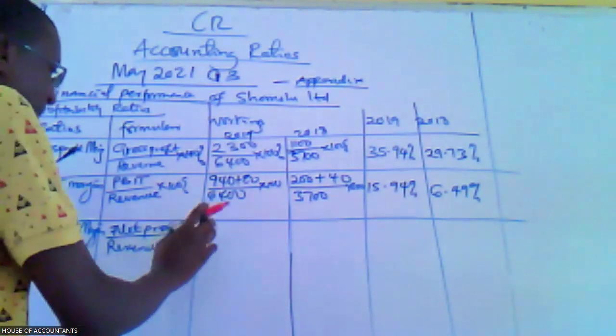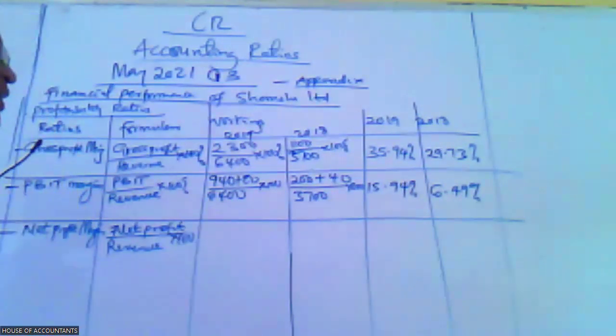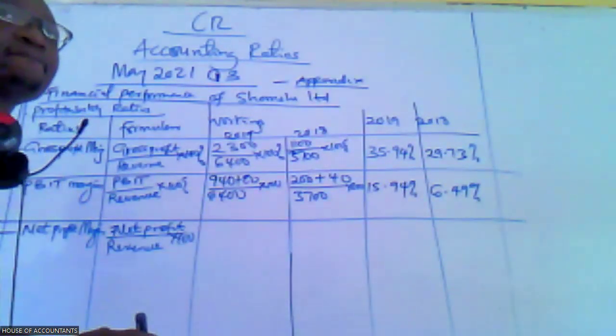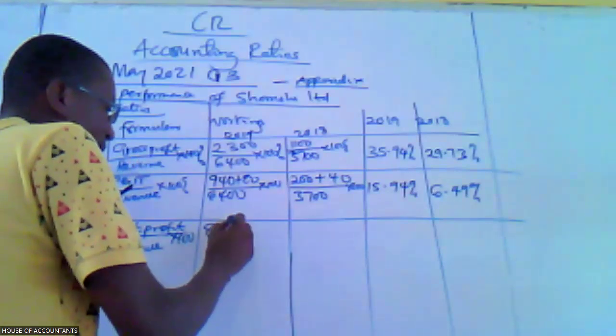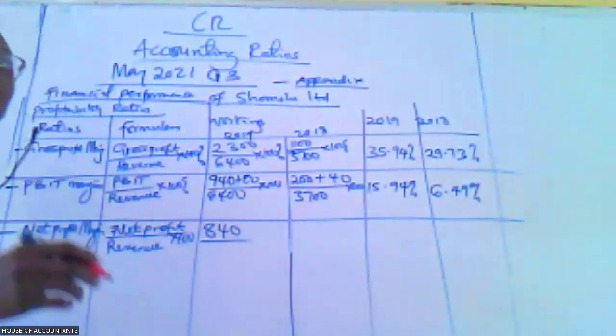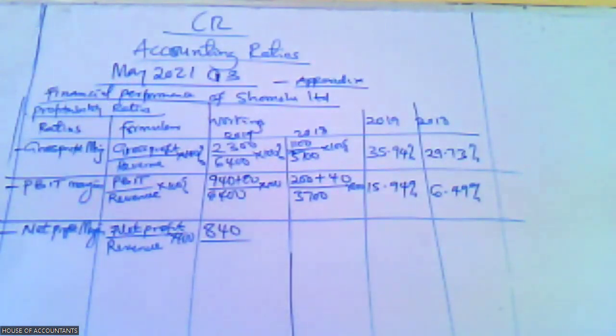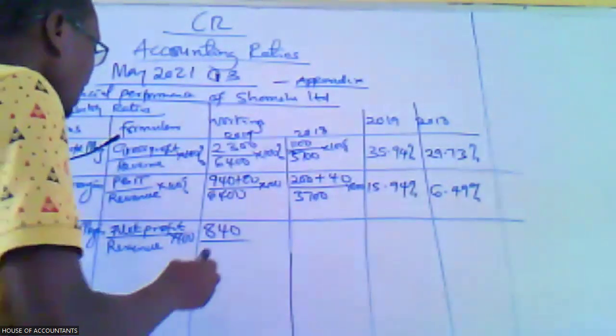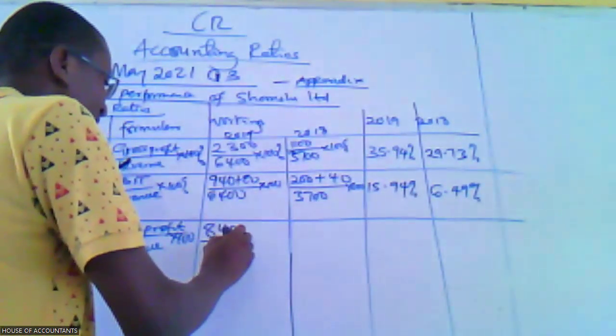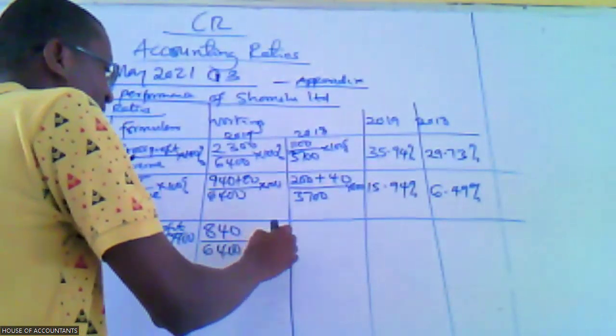So what is our net profit in 2019? 840. Make sure you're also getting where they are picking the figure from. That one can take you 1 hour. Very important. Over revenue is 6,400 multiplied by 100%.